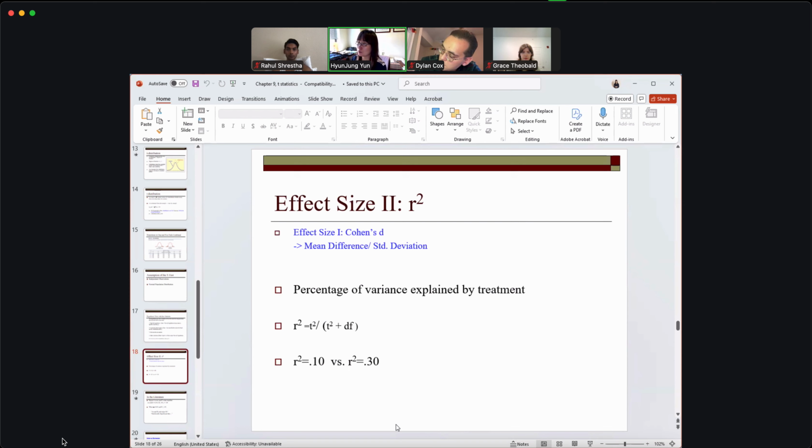So it will be much more intuitive once we get there. But for now, just understand that once you know the t-value, you can come up with the R square value. That means it explains the percentage of the changes in the population that the medicine explains. So this is the second measure that we cover as effect size, one that I like better than quantity.